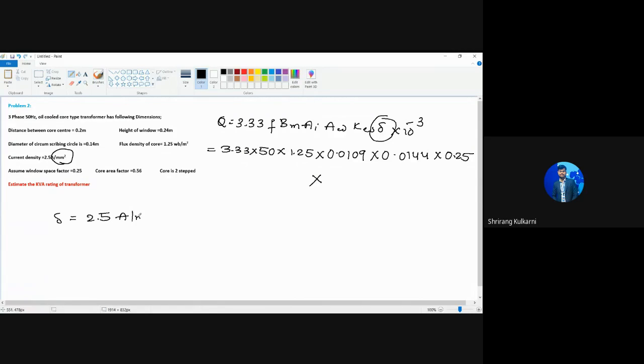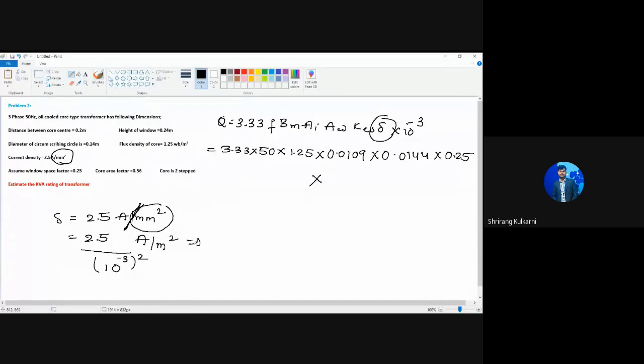It is ampere per millimeter square, so it will come in the denominator. Millimeter square means 10 to the power of minus 3 whole square.